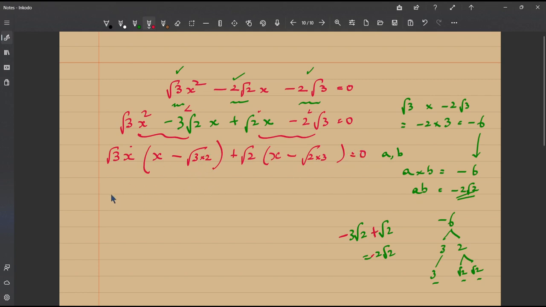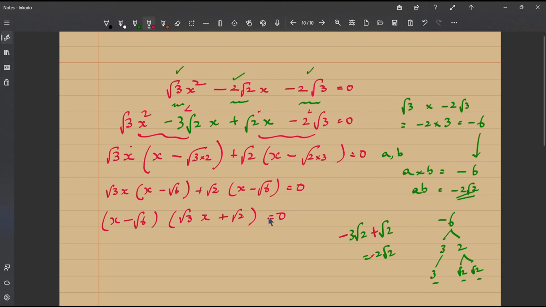It is root 6. So we can rewrite this as root 3 x times x minus root 6, plus root 2 into x minus root 6, is equal to 0. Once again, x minus root 6 is common to both. So x minus root 6 multiplied by root 3 x plus root 2 is equal to 0.